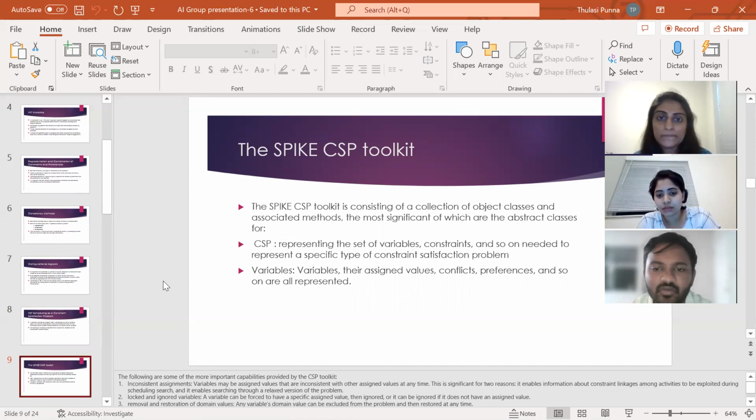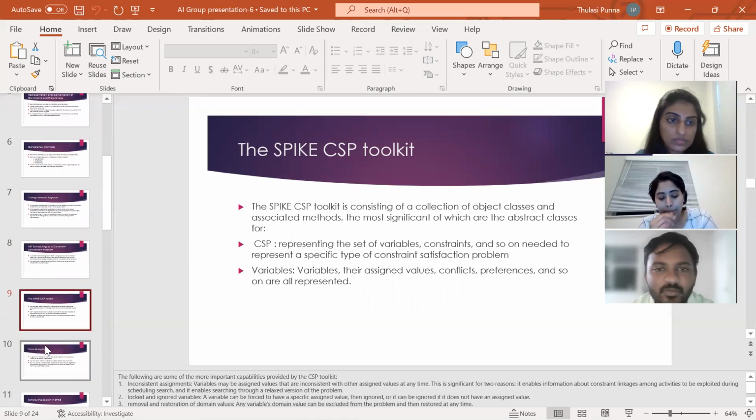This is significant for two reasons. It enables information about constraint linkages among activities to be exploited during scheduling search and in relaxed versions of the problem. A variable can be forced to have a specific assigned value, then ignored, or it can be ignored if it does not have an assigned value. Any variable domains can be excluded from the problem, then restored at any time.